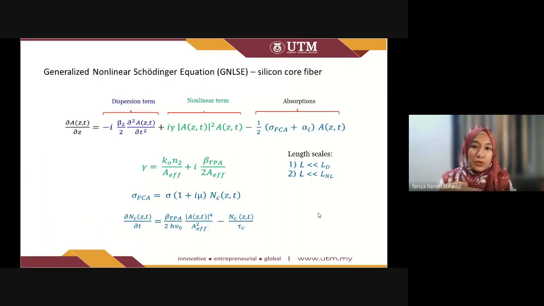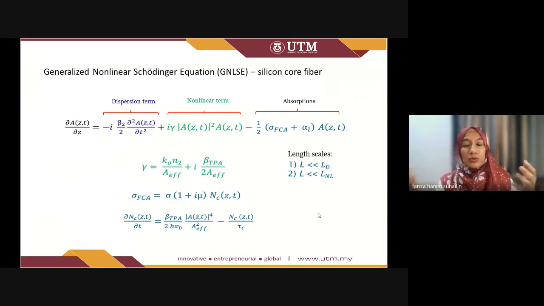Right. So when we talk about the propagation of short pulses in the core of optical fibers, whether they are silicon or silica, the equation that describes the terms that play a role in their propagation can be explained by nonlinear Schrodinger equations.